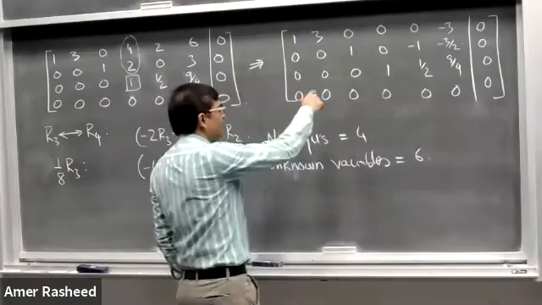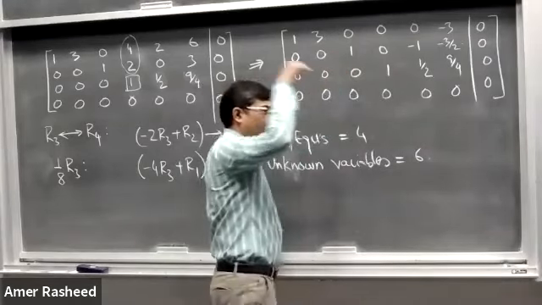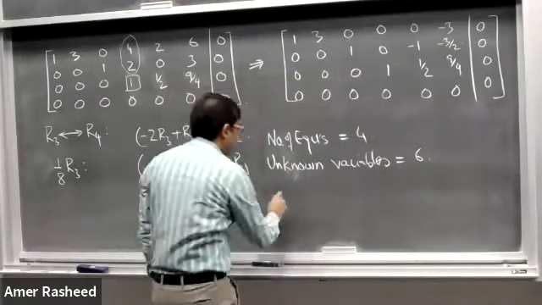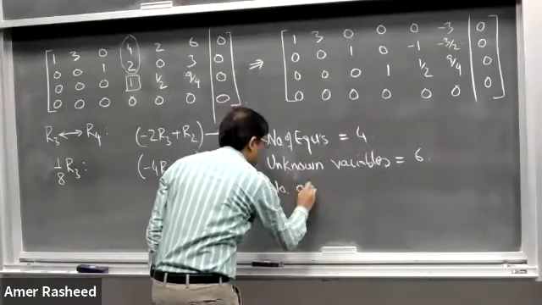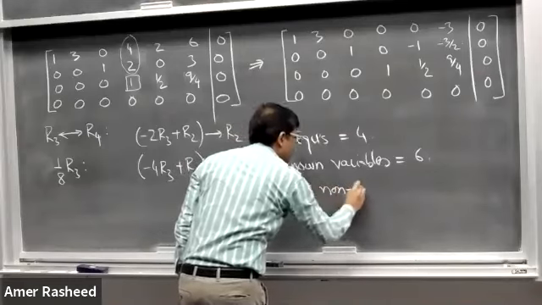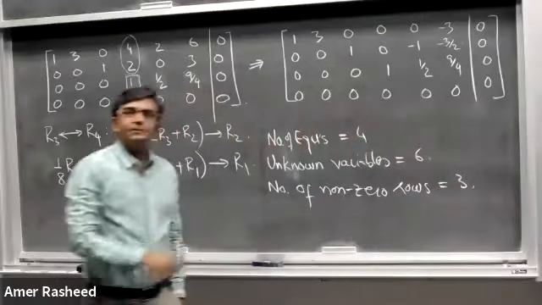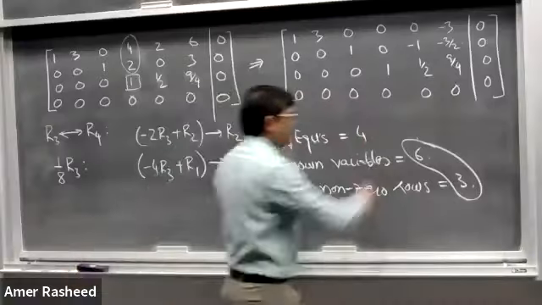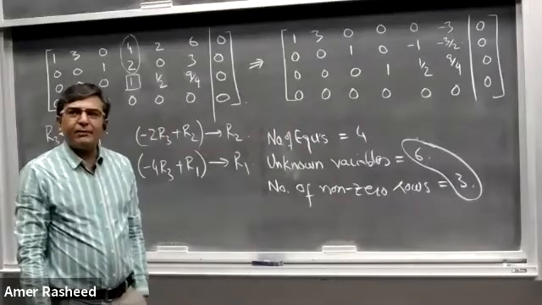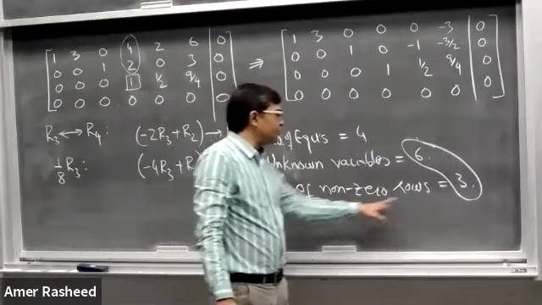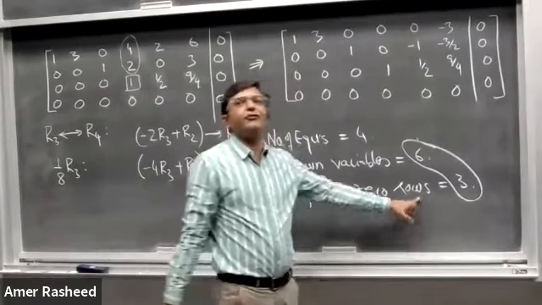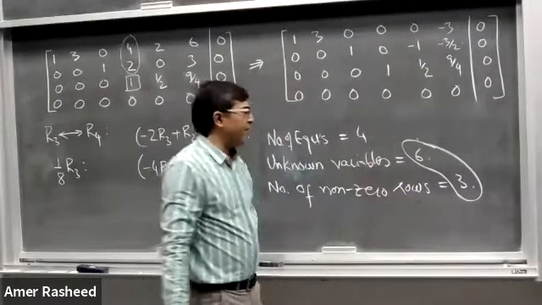How many non-zero rows in the reduced echelon form? Number of non-zero rows. कितनी है यहाँ पे? There are 3. Okay. So the difference of these two, unknown variables and number of non-zero rows in the reduced echelon form of a corresponding augmented matrix.